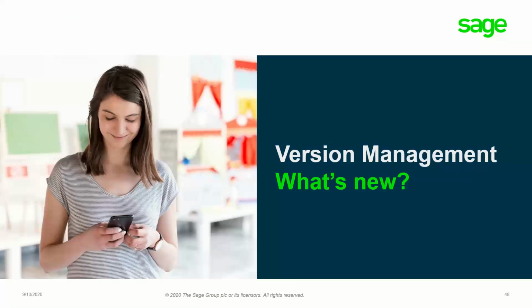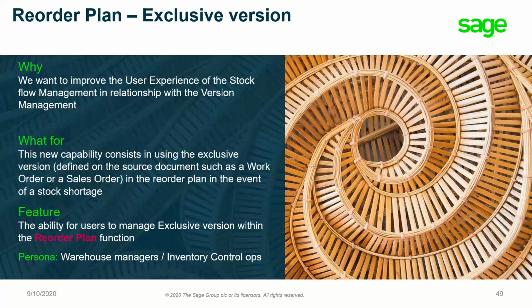So the next area, or next capability in X3, is around version management, which is an existing one for 2 versions, not for 2 releases, even for V11 and also V12. Now within this capability, we wanted to improve the user experience of the stock flow management in relationship with the version management.